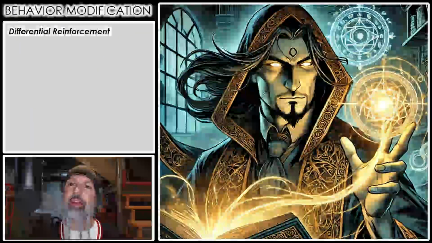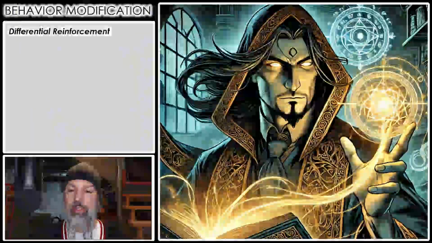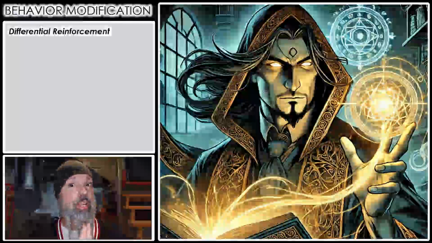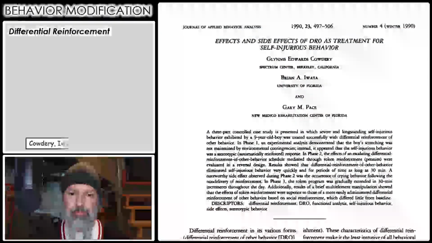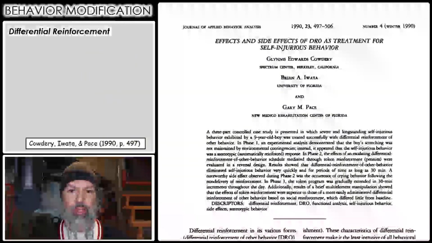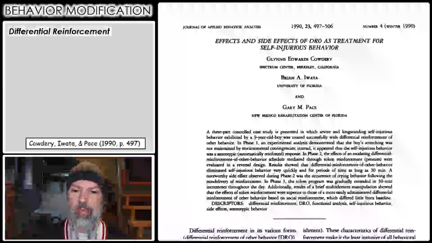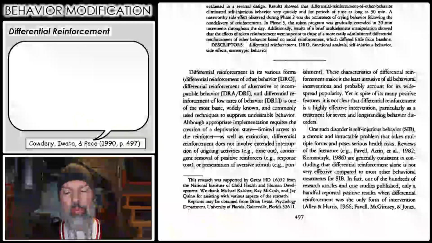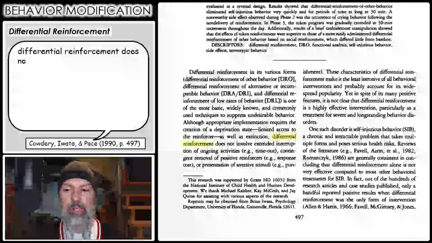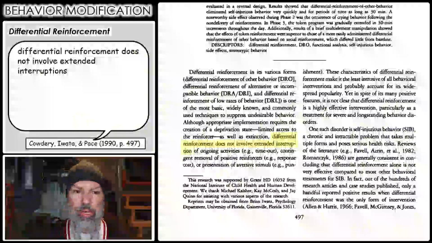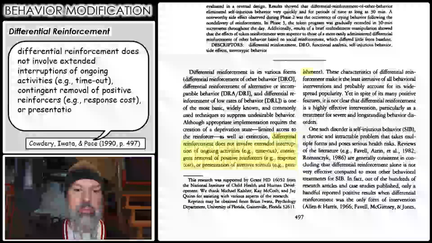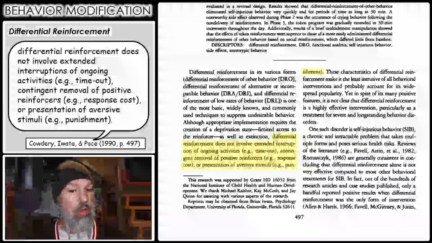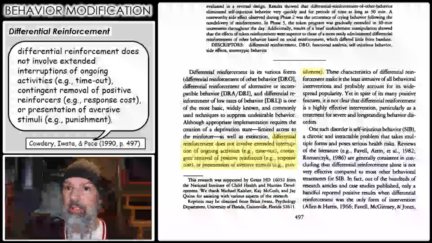So let's get back our working definition for differential reinforcement, specifically what it is not. We're going to go back to Cowdery et al. and their study on the effects and side effects of DRO as treatment for self-injurious behavior. And in this paper, they mention that differential reinforcement does not involve extended interruptions of ongoing activities, for example timeout, contingent removal of positive reinforcers, for example response cost, or presentation of aversive stimuli, for example punishment.